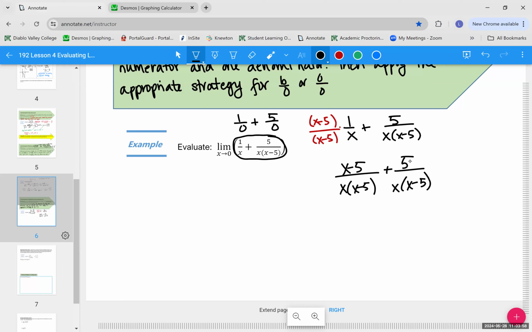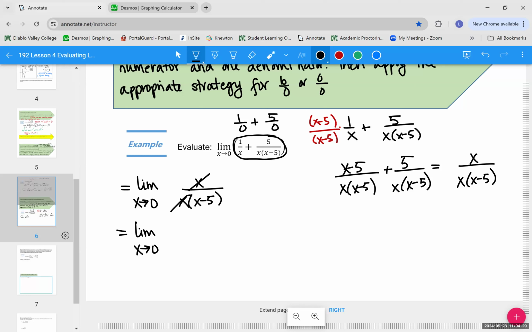Okay. And then if we add in the numerator, we see that the 5's cancel. And now I have rewritten this in terms of one numerator and one denominator, which means when I go to do the limit, I can now cancel and then apply direct substitution.